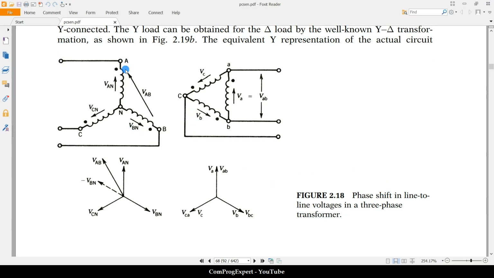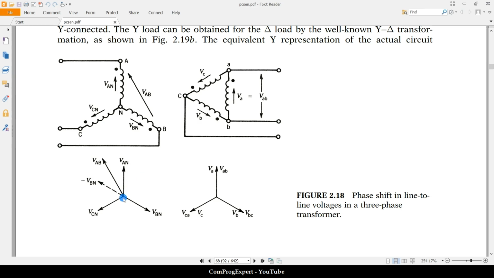Here for the primary, we have a star connection, and for the secondary, we have delta connection. Here we have A, B, C, also consider dot points, right? The order of dot points is important. This is VAN, VBN, VCN.